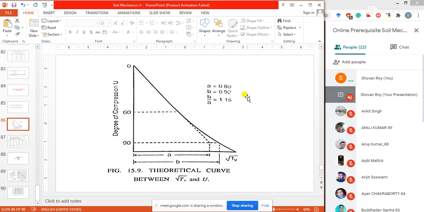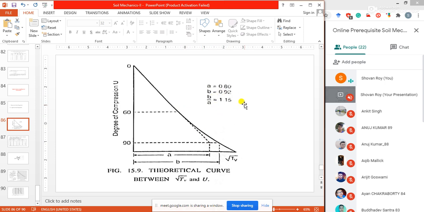From where is this coming? The curve is straight up to U equals 60%. As we know, the degree of consolidation is represented by percentage. So the curve is straight up to U equals 60%, and the abscissa at U equals 90% is equal to 1.15 times the abscissa at U equals 60%. So the deviation, or the b by a value, is 1.15 times.